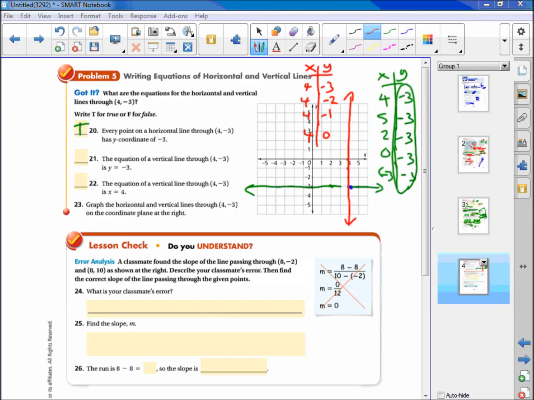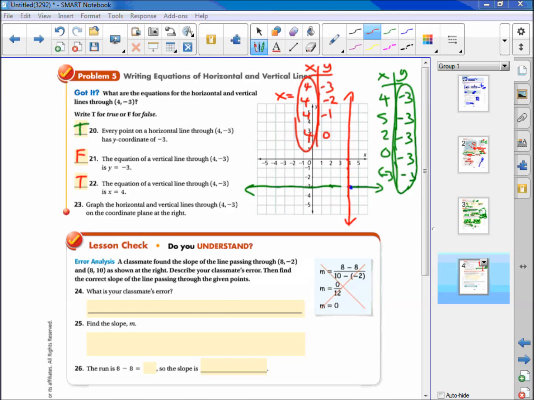That's all of these points, okay? So in this case, the x is always 4. Always 4. So this is definitely not our equation for the vertical line. That's the equation for the horizontal line. So the equation of the vertical line through 4, -3 is x equal to 4.